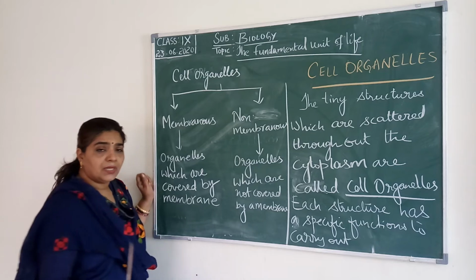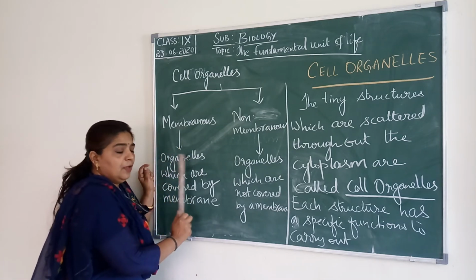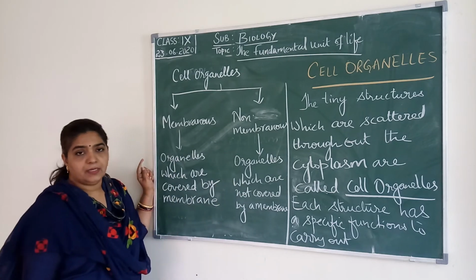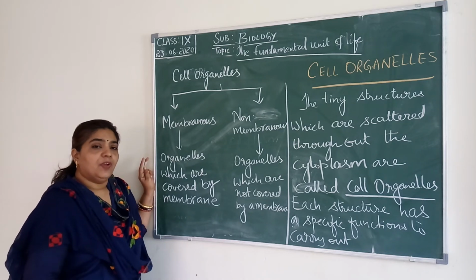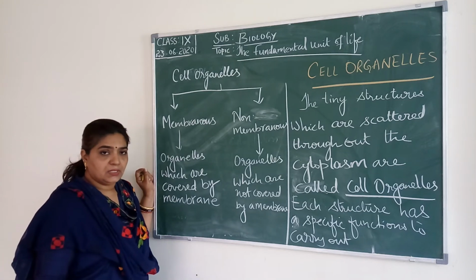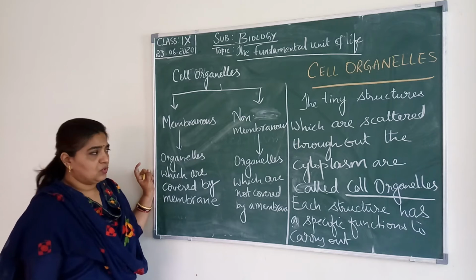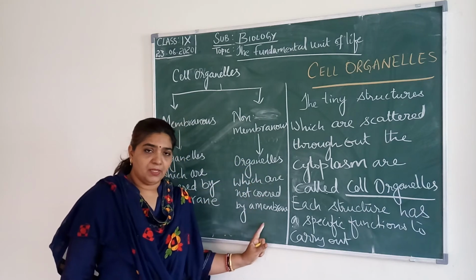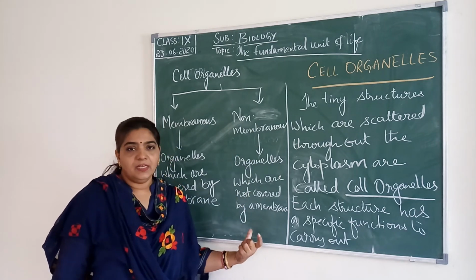In eukaryotic cells we find both membrane-bound and non-membranous organelles, but in prokaryotic cells we don't see membrane-bound organelles. The nucleus is absent as well as the organelles, except for ribosomes, because the ribosome comes under the non-membranous organelles.